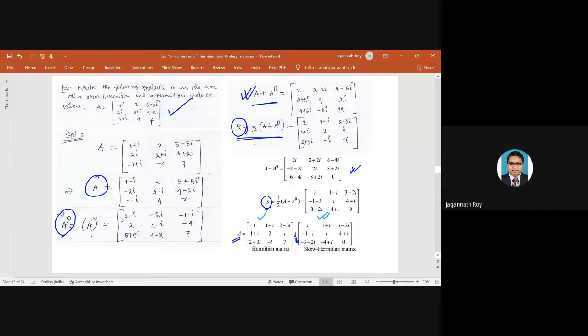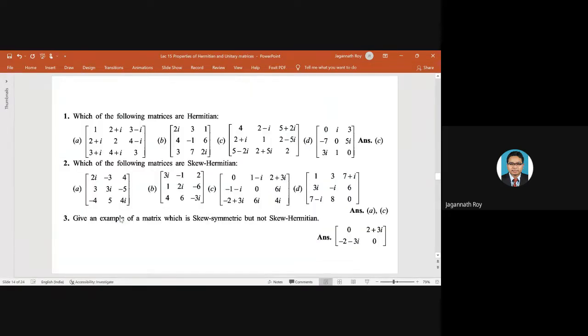These are very simple and easy to verify. This is what we have so far. Try to verify these results, whether they are correct.